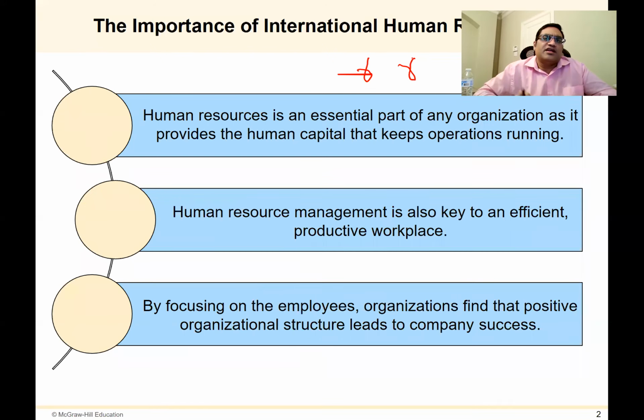If you look inside the corporation, what you have is tangible assets, meaning the company's factories, computers, trademarks, patents, buildings, warehouses. That is one type of asset.